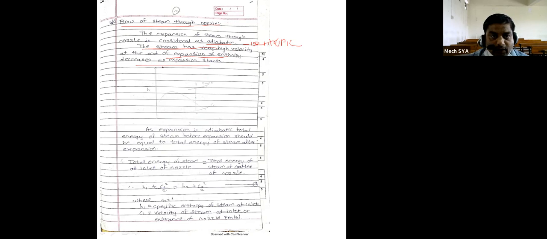So we have this HS diagram, enthalpy versus entropy diagram. For steam, generally we follow the enthalpy versus entropy diagram. This is our saturated curve, this is the critical point, CP, this is the liquid line and vapor line. Let's consider this as the boiler pressure.